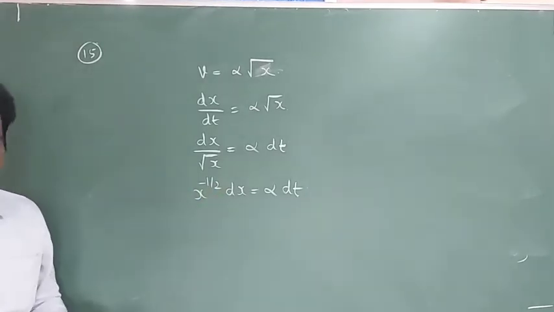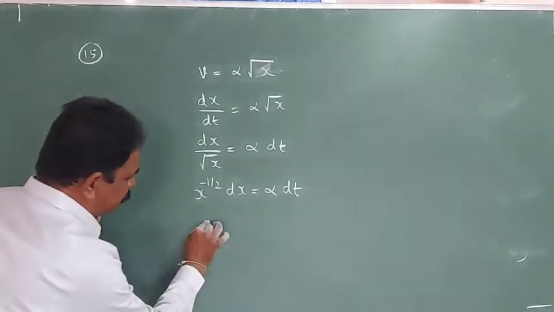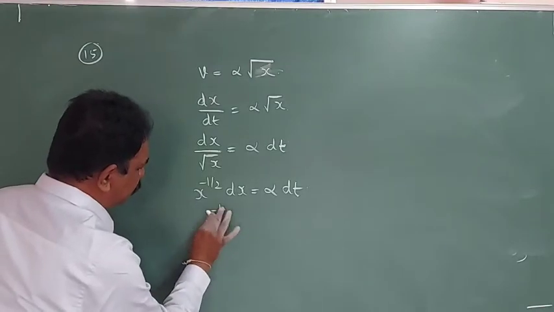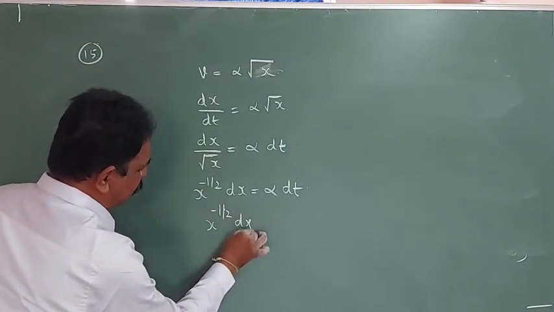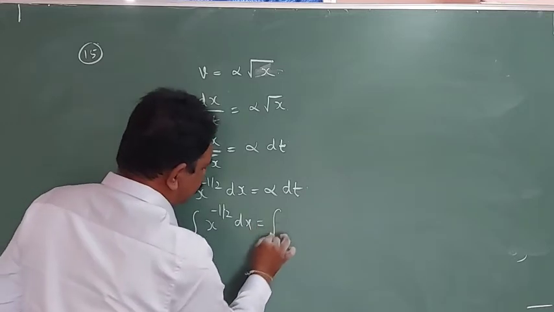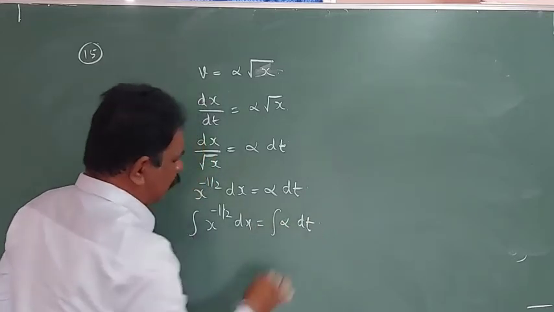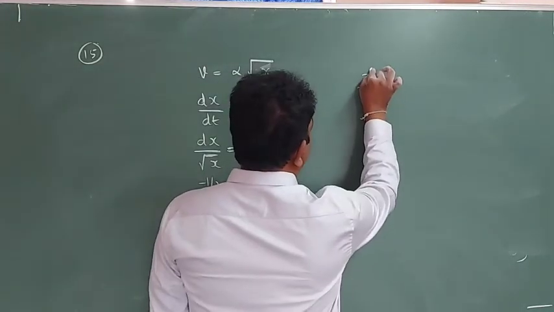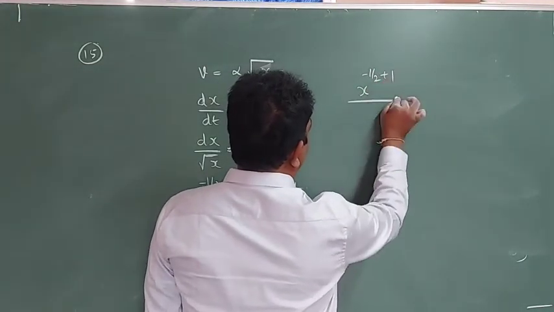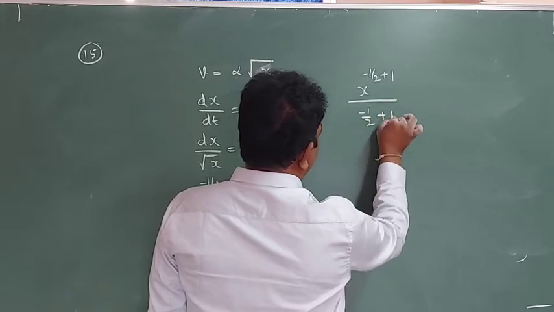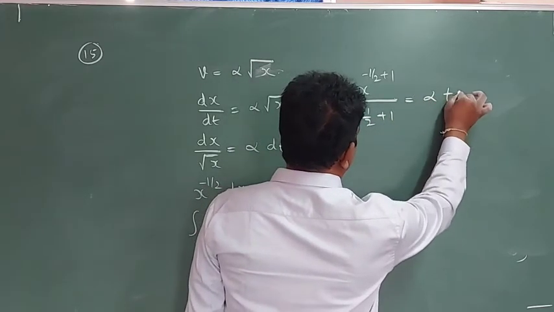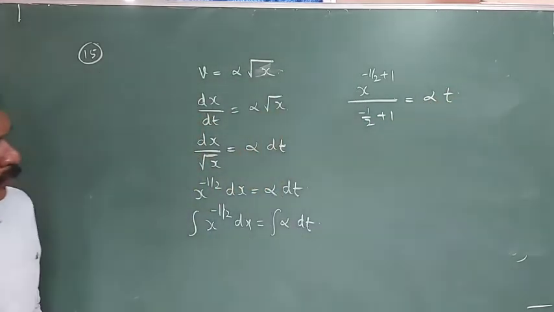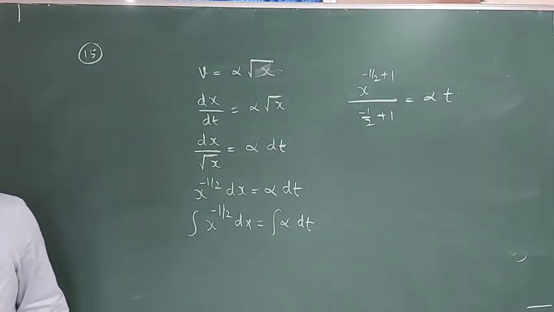If you integrate this one, integral of x power minus 1 by 2 dx equals integral of alpha dt. So this value is x power (minus 1 by 2 plus 1) by (minus 1 by 2 plus 1) is equal to alpha t.